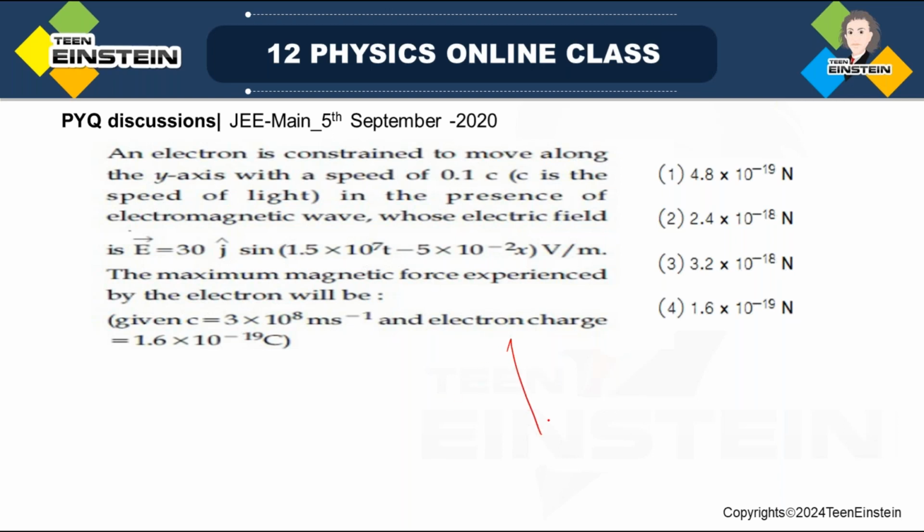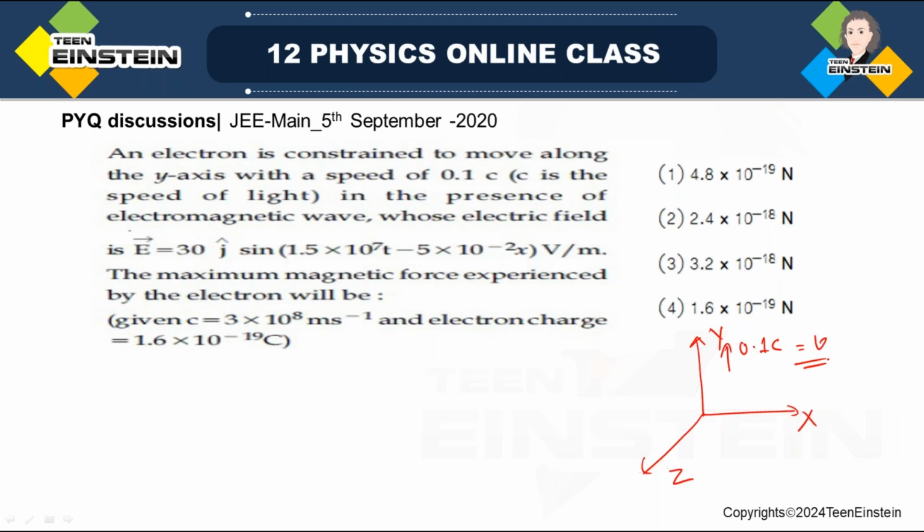Let me draw this Cartesian coordinate system. This is y, this is z. So an electron is confined to move in the y direction with velocity 0.1 c.